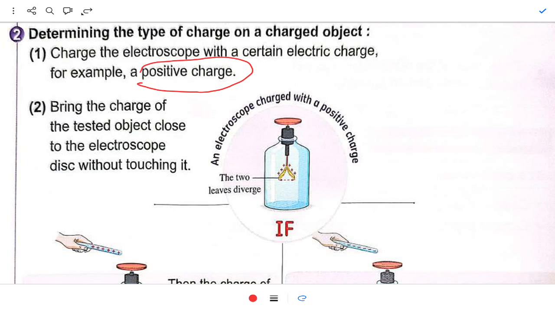Second, bring the tested object close to the electroscope disc without touching it. So if you have a rod, you make it close to the disc without touching it.